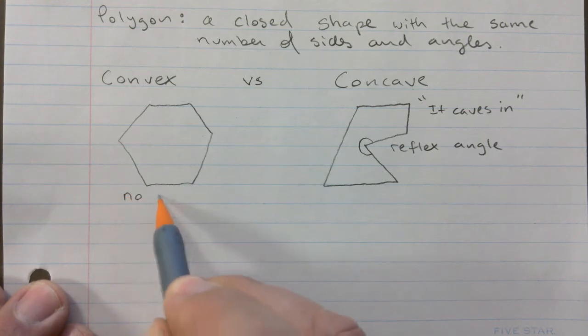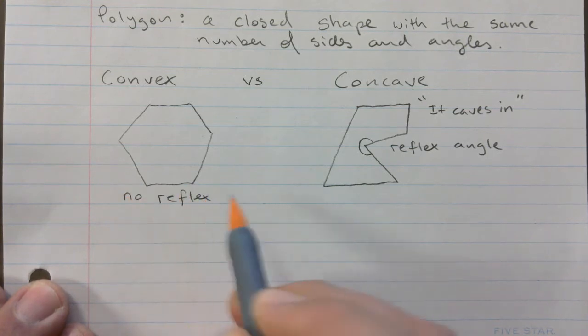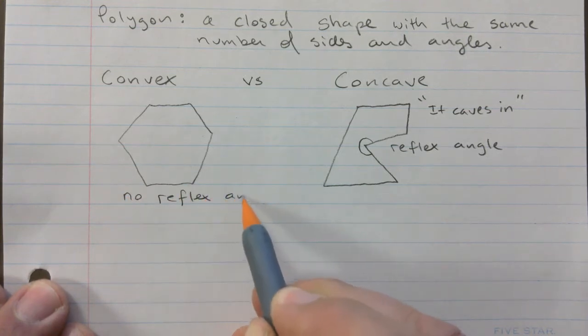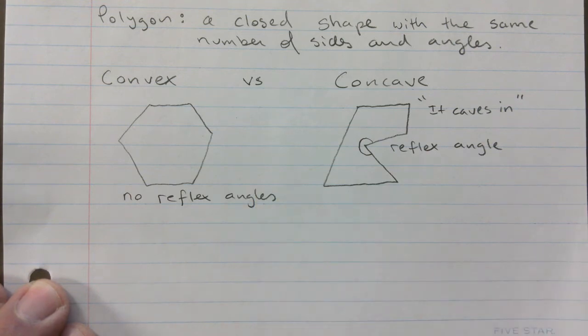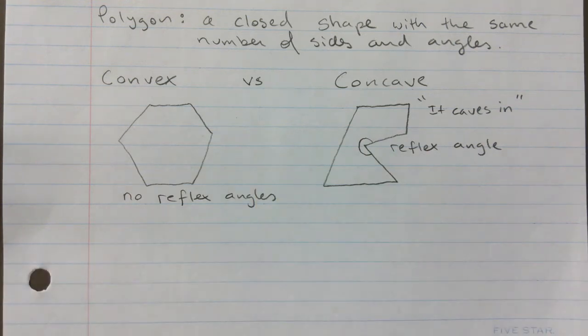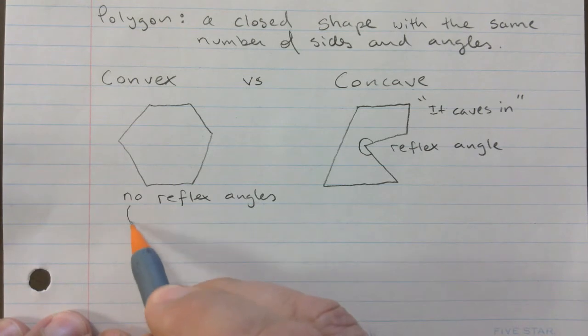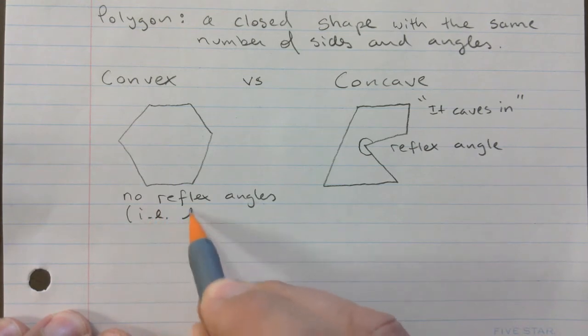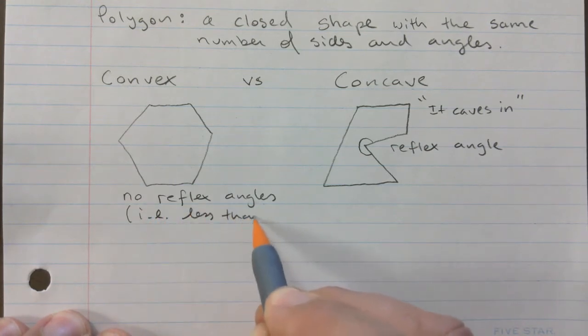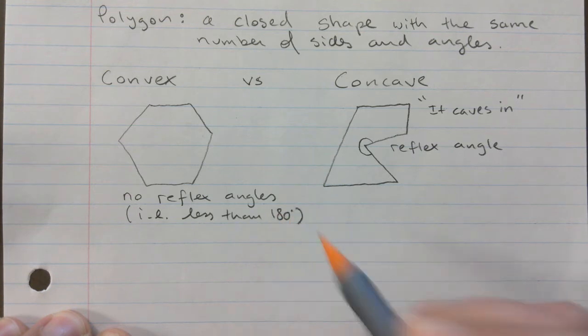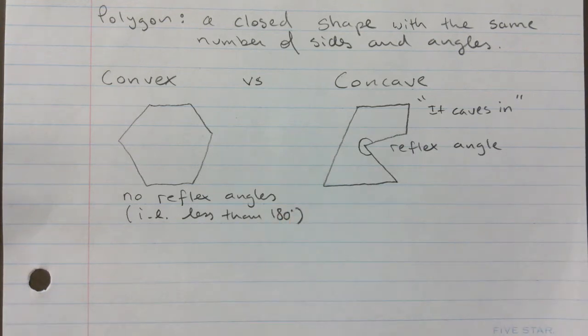No reflex angles, i.e. less than 180. 99% of our scenarios will be convex.